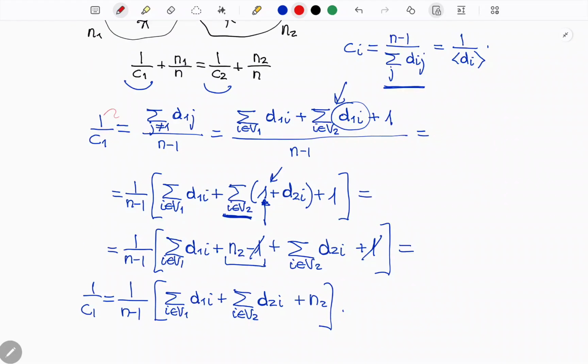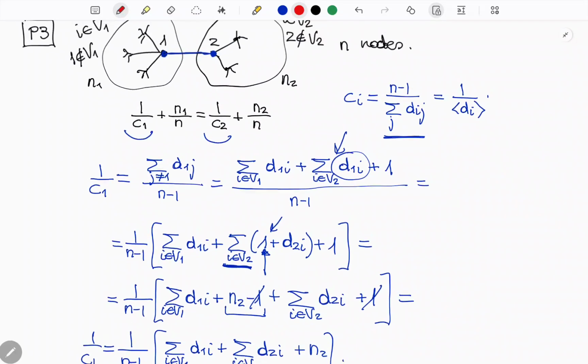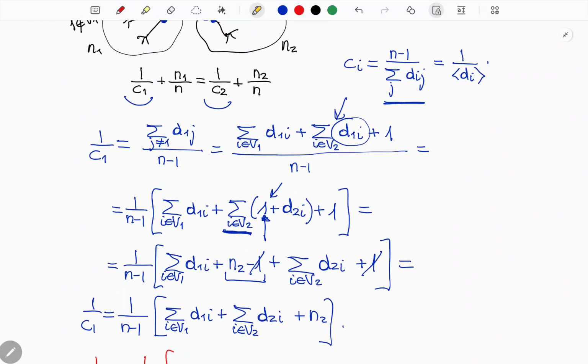steps for 1 over C2, so now I'm going to write 1 over C2. This is going to be the same as 1 over n minus 1, just like before. And now I will have to count.